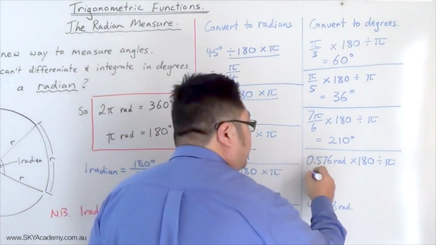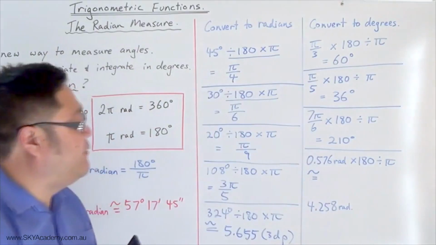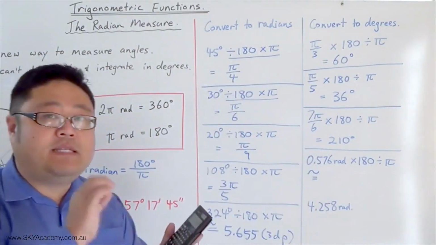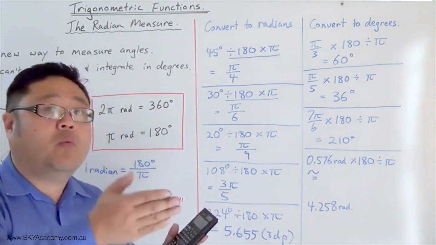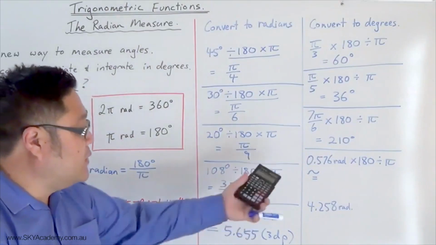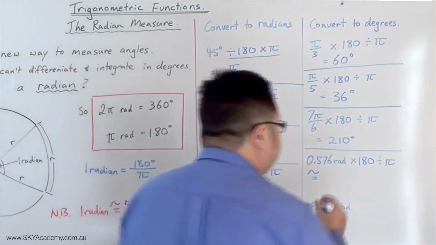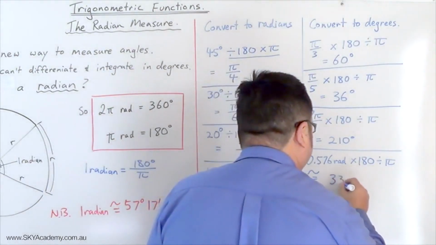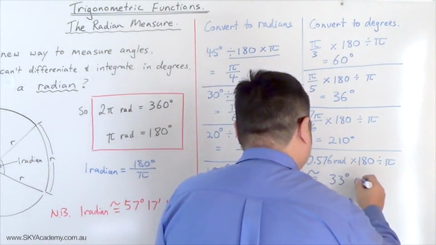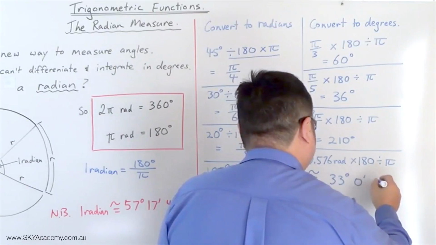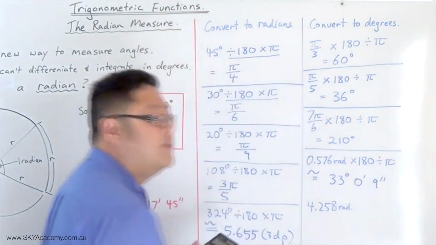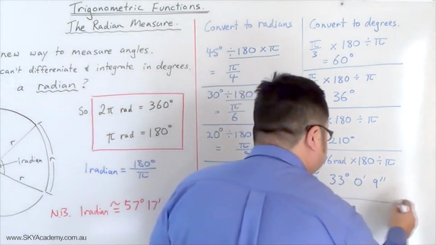So I'll put an approximation sign above. But instead of using a really long decimal, because we're dealing with an angle, we need to put our angle in degrees, minutes and seconds. So I've got 33 degrees, 0 minutes and 9 seconds. And then the last one, we do exactly the same thing.